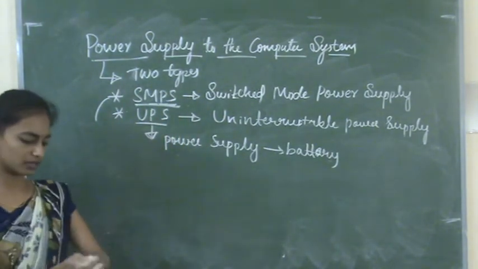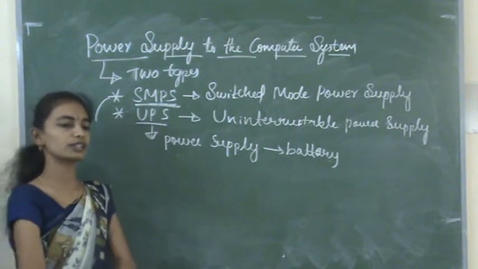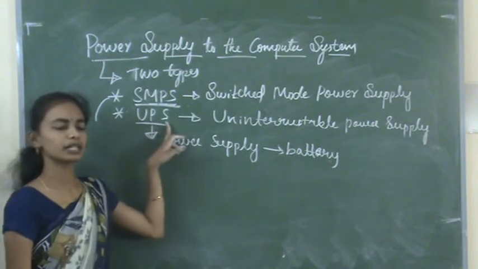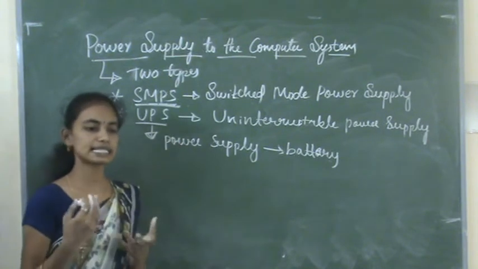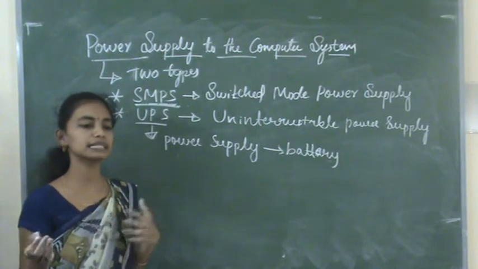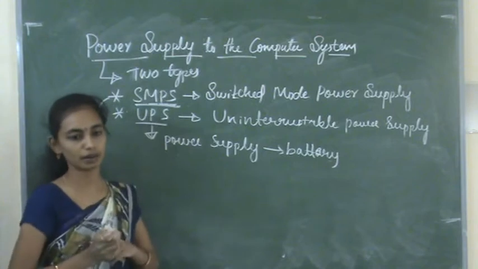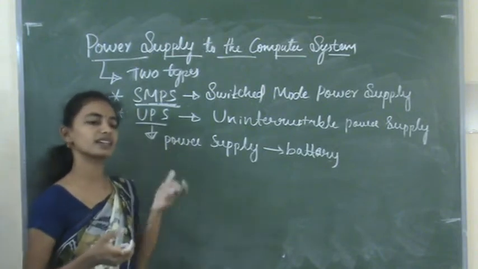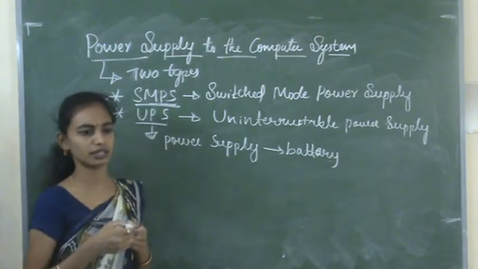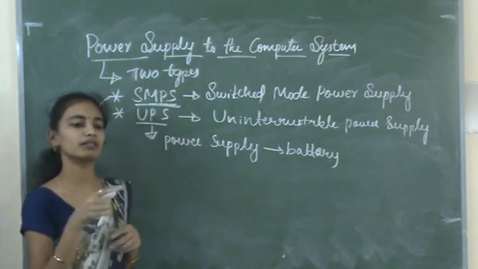Why do we use UPS in houses? Because whenever the power is lost or a power failure occurs, we use the UPS to supply power. In the UPS we have one battery, so from the battery we get the power supply.